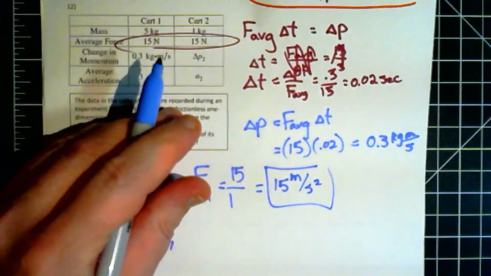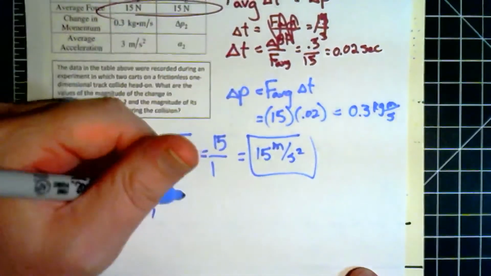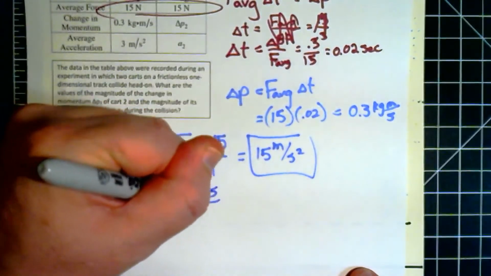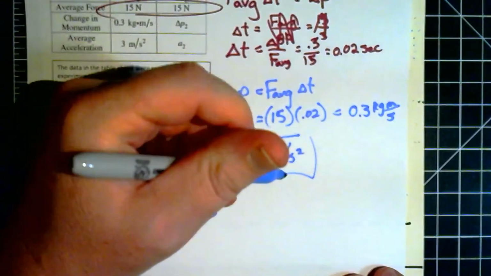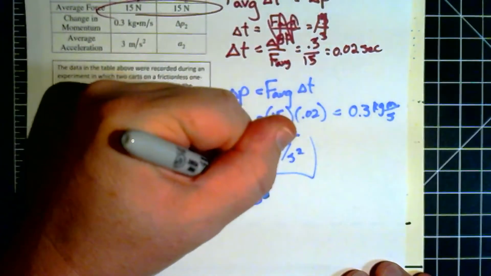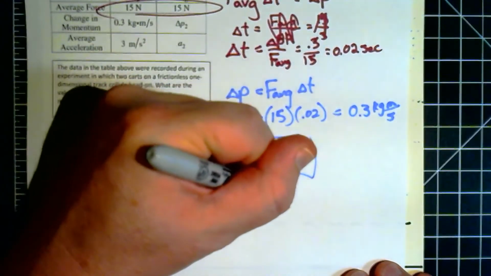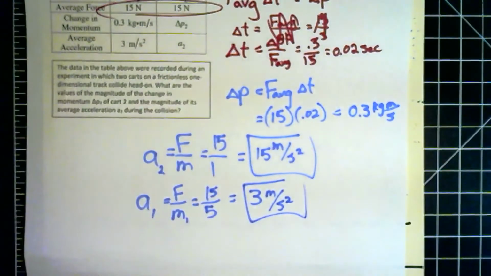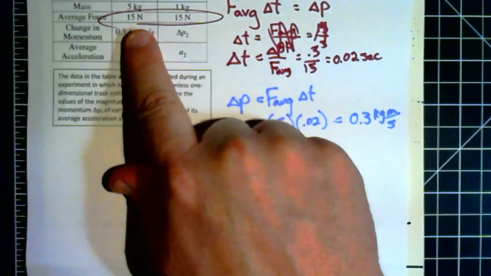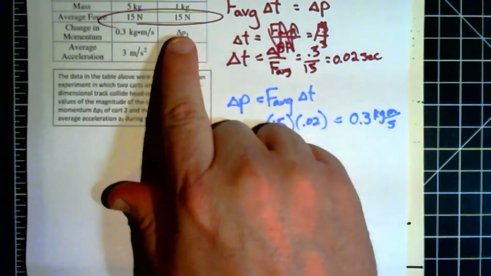Just to check, what was the acceleration for cart number 1? Well, that's F over mass number 1, so 15 divided by 5. And so for the heavier cart, it had a much less intense acceleration. And so that's how you see the differences. The accelerations are going to be different, but the forces are the same, and the changes of momentum are the same.